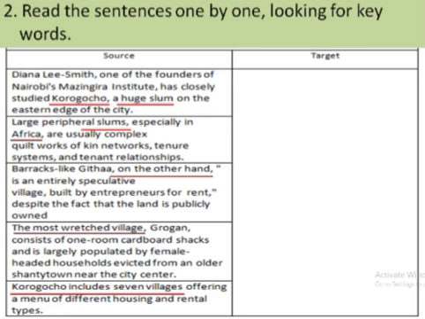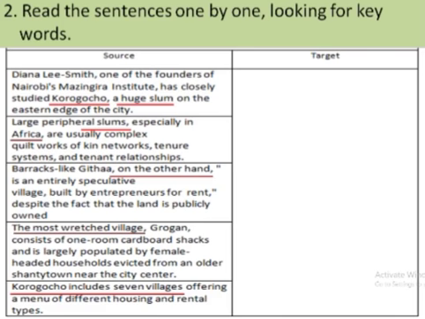Okay, in previous one there was Nairobi, and here there is Africa. So Africa is a continent. So we also mark it. Maybe it might help us. Are usually complex quilt works of kin networks, tenure systems, and tenant relationships. The third sentence. Barracks like Gita, on the other hand, yes, this is a very important keyword.